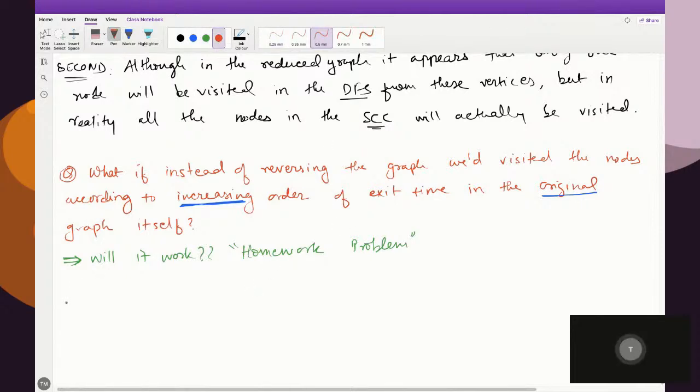Before the next question, let us discuss a few more things. What will be the time complexity of the solution?